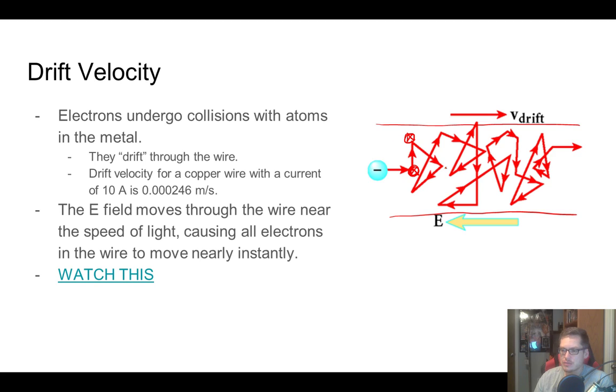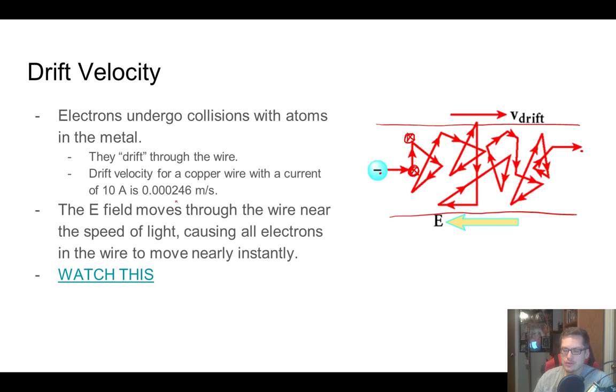So here's another collision point. And so what ends up happening is these electrons are going to hit other things, and because of that, they're not going to be able to just travel in a straight line. Now, what we call this overall from here to here, we call this drifting. Okay, so this is the drift velocity, because eventually over time he's going to get shoved down the line, but for now he's pretty much stuck going really slow.